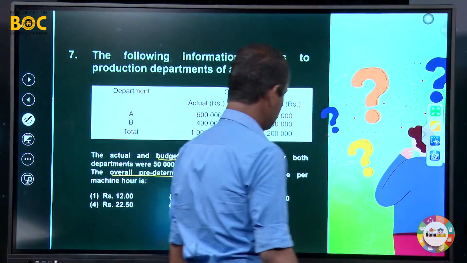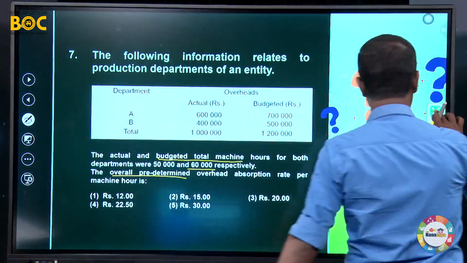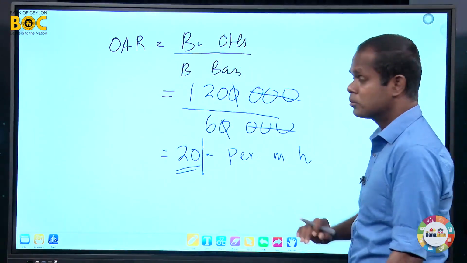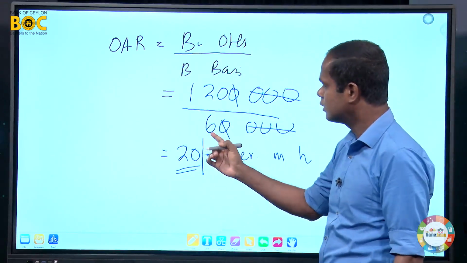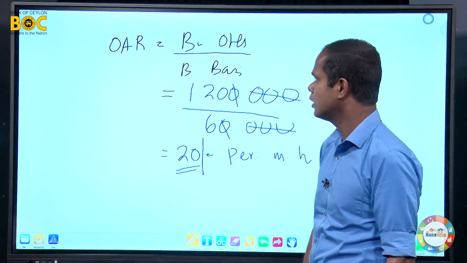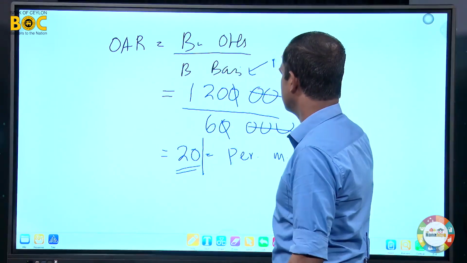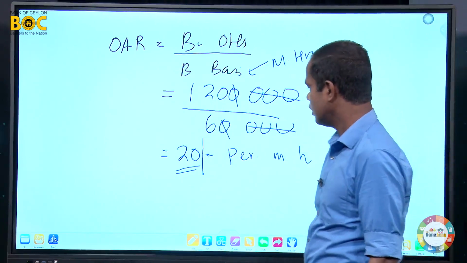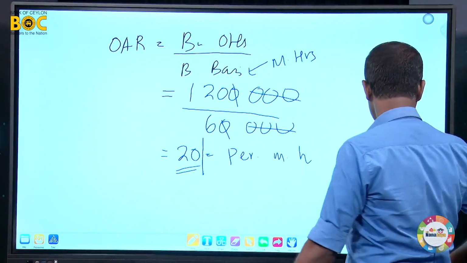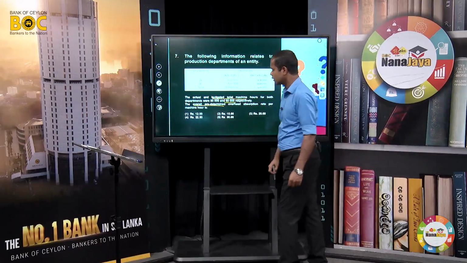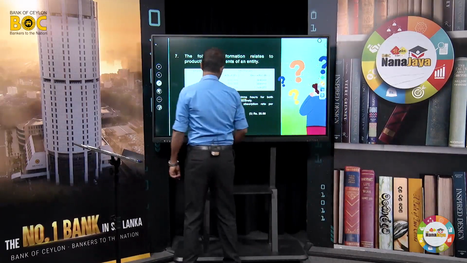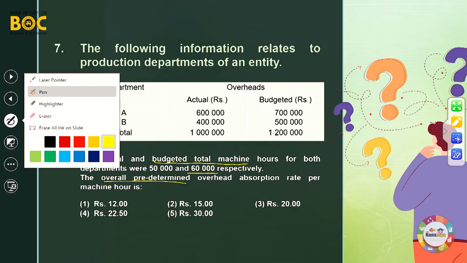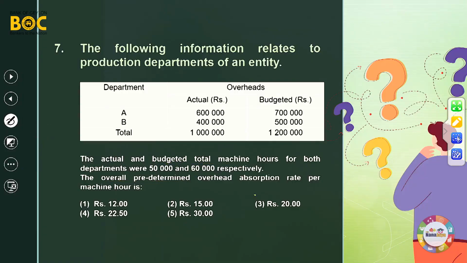If you want the calculation again, budgeted overheads for the overall company 1,200,000 divided by machine hours, the basis we use. 20 rupees per machine hour. Now the answer is given. 20 rupees. Answer number 3.